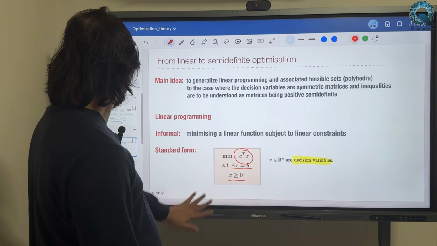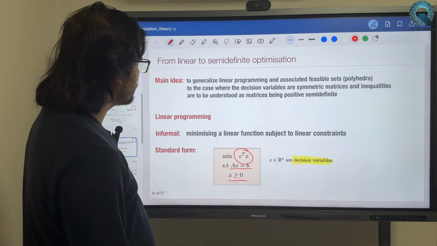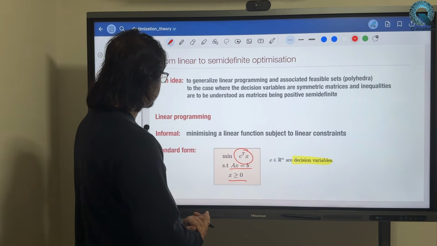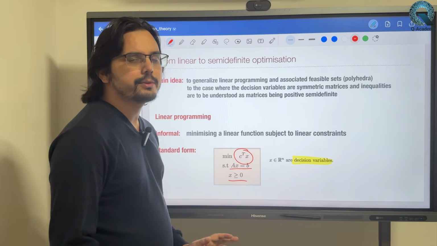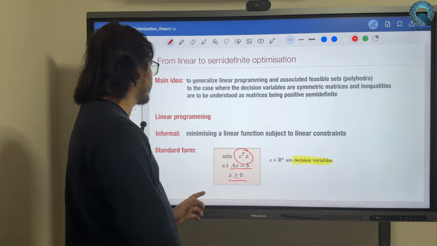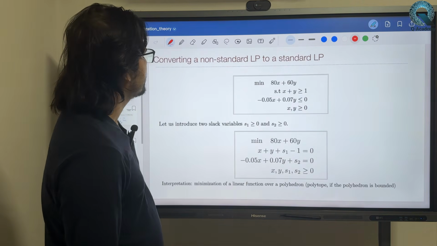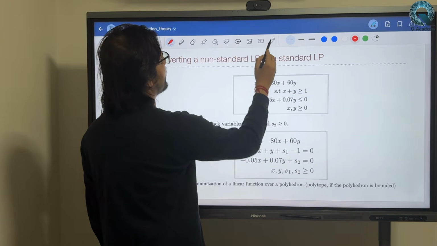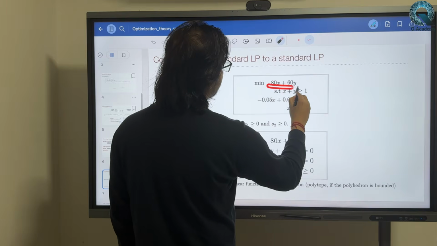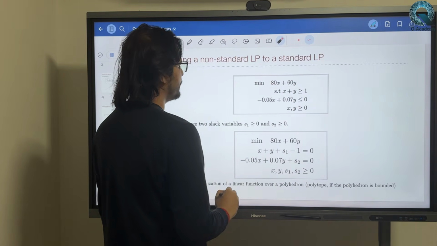This is the standard form, and often your linear program is actually not given in standard form. In that case, you have to convert it into standard form. So let's say you have been given a particular example of a linear program, where you are trying to minimize 80x plus 60y.